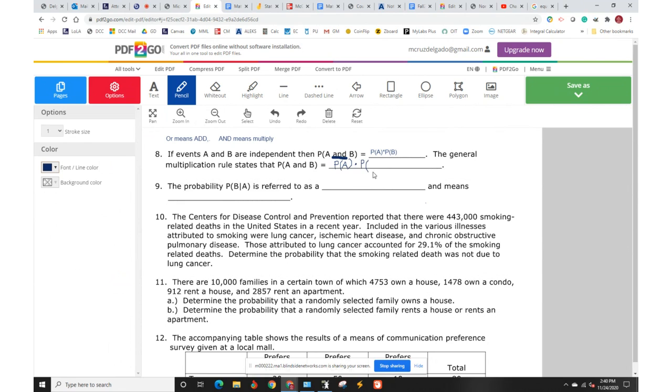All that this means is that little line right there, because if they're dependent, then this simply reflects any change that happened from probability A. So this would just be the probability of A times the probability of B given that A occurred.